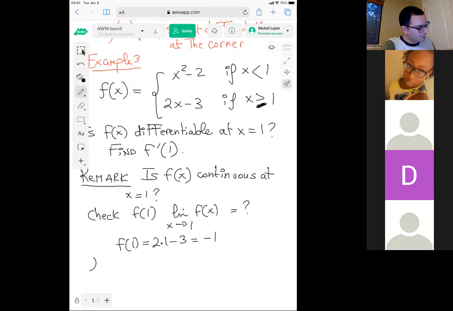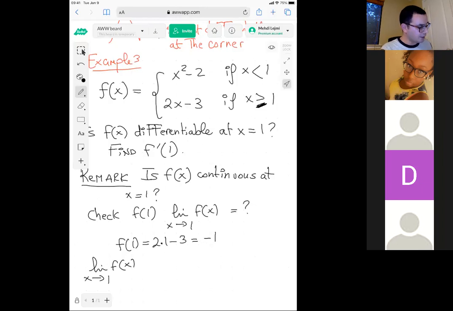Now, if you want to compute the limit of f of x going to 1, well, x approaches 1, of course, x can be less or larger than 1, right? If x approaches 1 from the left, then it would be less than 1. And if it approaches 1 from the right, it's going to be larger than 1.